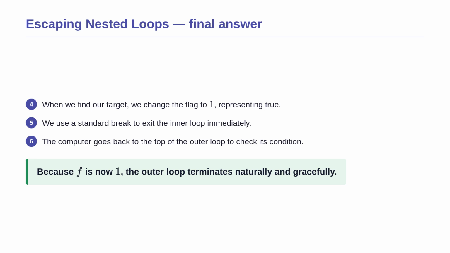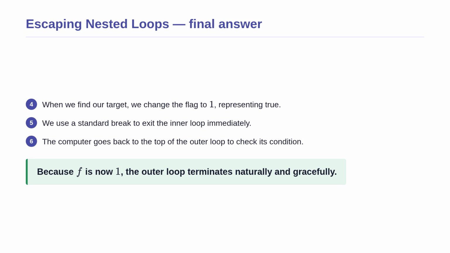Continuing with our nested loop search, we finally locate our target data. The moment we find it, we change the flag variable f to 1, which represents true. Next, we use a standard break statement to exit the inner loop. When the inner loop breaks, the computer naturally goes back to the top of the outer loop to check its condition for the next cycle.